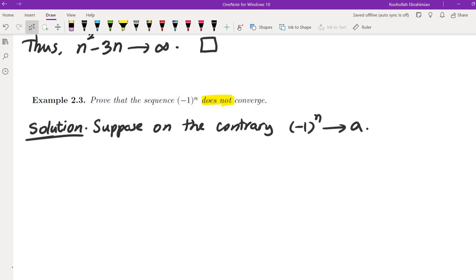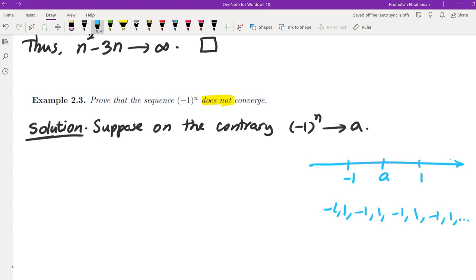If that were the case, then what would be the problem? Again, we're going to look at the problem that might occur, and then we're going to see what we can do to disprove this. So the terms of the sequence (-1) to the power of n are just 1 and -1, and you cannot avoid either of them because it starts from -1, then 1, then -1, then 1, then -1, then 1, then -1.